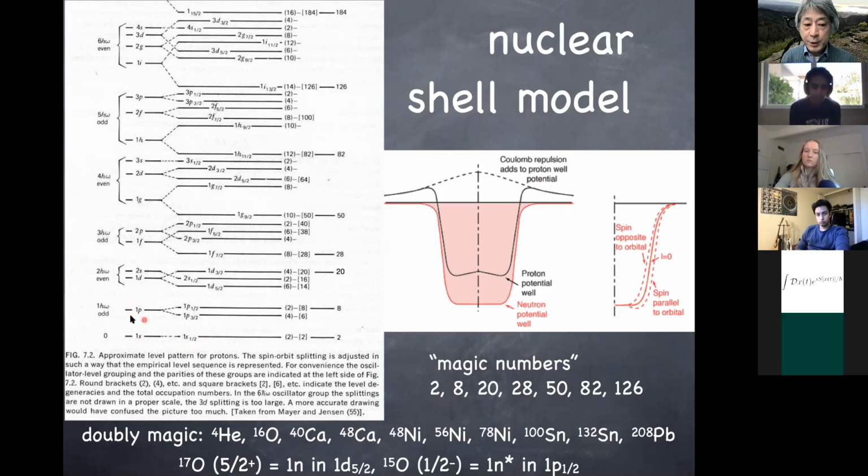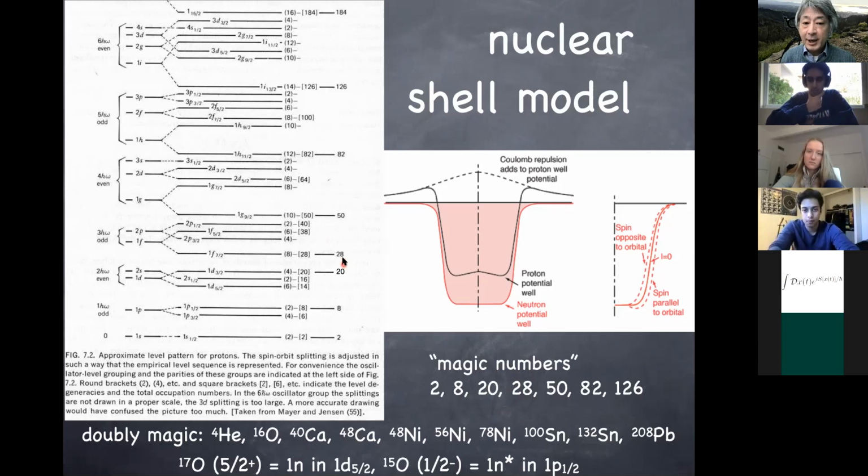When you fully occupy these 1p states, then you occupy 3 orbital angular momentum states with 2 spins, so you have 6 states. You add 6 more, that's 8. That's yet another closed shell, magic number 8. And same here, if you fully occupy all of these, the second excited states of the harmonic oscillator, that gives you a total number of 20. That's a magic number 20.